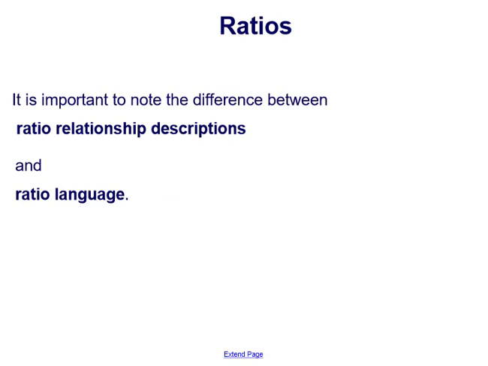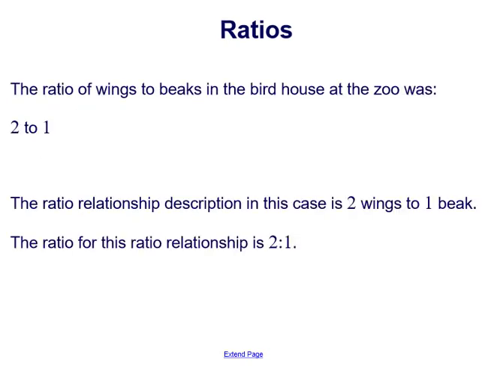It is important to note, however, the difference between what we say is ratio relationship descriptions and the ratio language itself. The ratio of wings to beaks in the birdhouse we were just looking at at the zoo is 2 to 1. The ratio relationship description in this case is 2 wings to 1 beak.